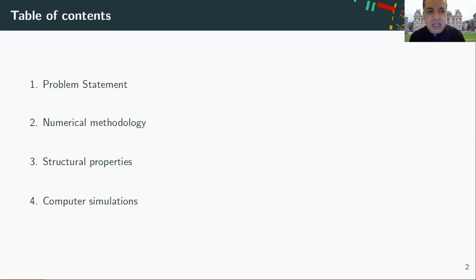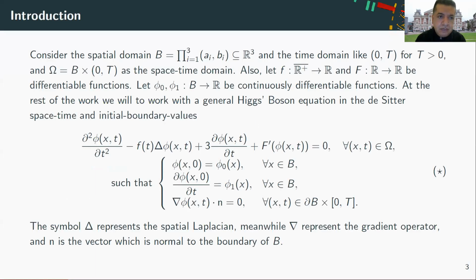This is the table of contents. Firstly, we establish the problem statement, and after that, a numerical methodology, structural properties, and computer simulations. Here we can see the general Higgs boson equation in the de Sitter space-time with initial boundary values.